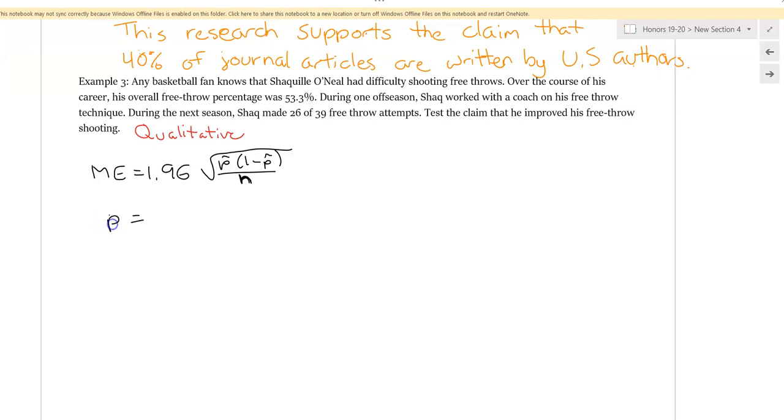So p hat equals, well, he made 26 of 39 free throws. So p hat is 26 out of 39. Our sample size is 39.